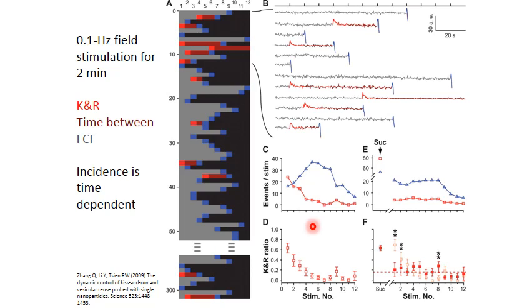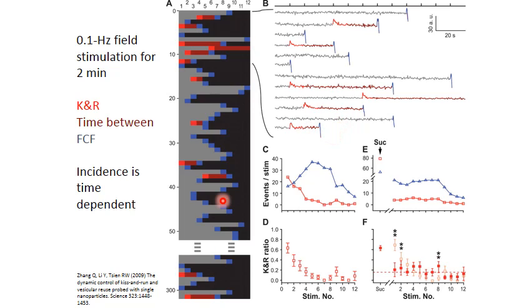After that readily releasable pool is depleted, then if this very slow once every 10-second stimulation is given, the incidence of kiss and run is very, very low, and the incidence of full collapse and fusion is fairly stable until even then the pool may be depleted.